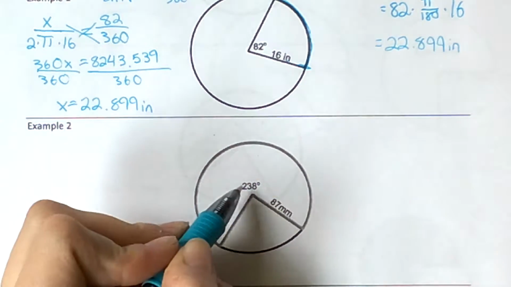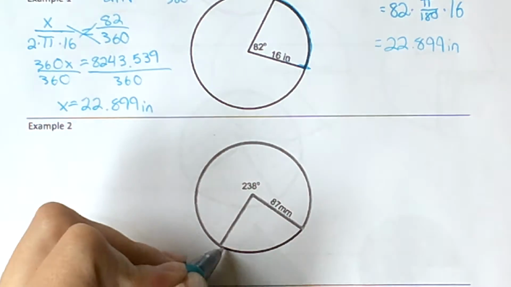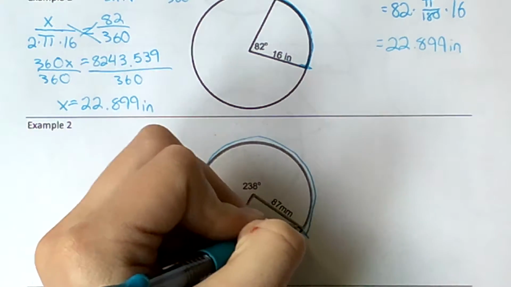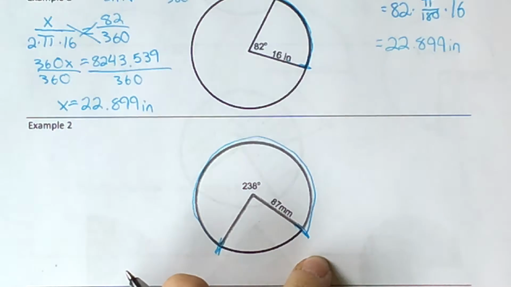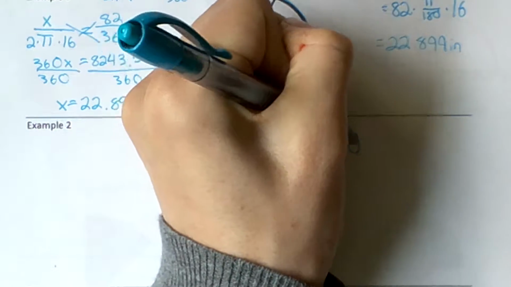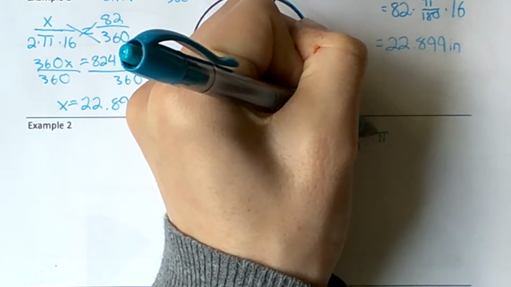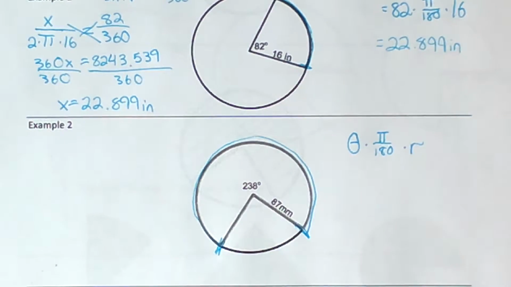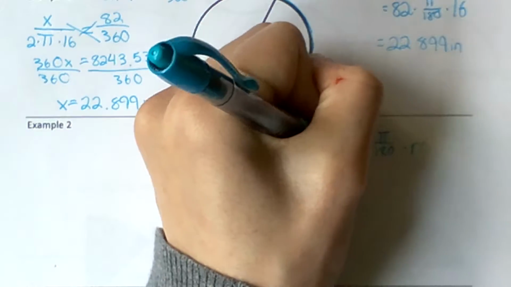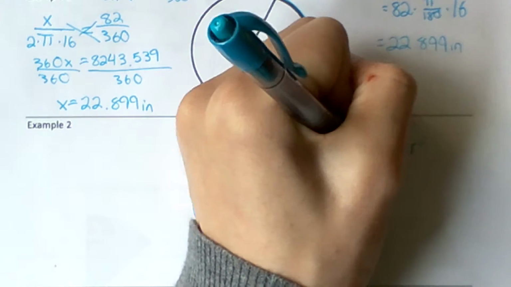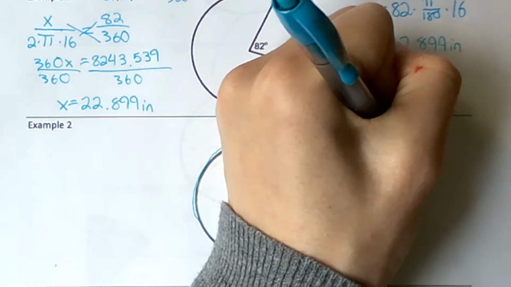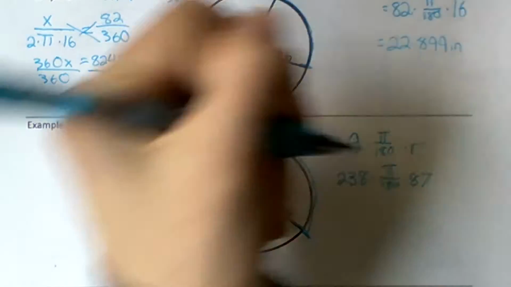So the degrees is 238 degrees, so I'm solving from here all the way around there. I'm figuring out what this distance is. So I have theta times pi over 180 times my radius. So 238 times pi over 180 times my radius of 87 millimeters.